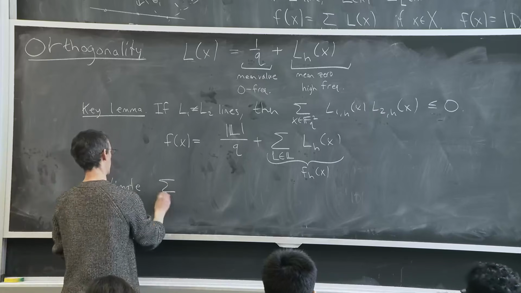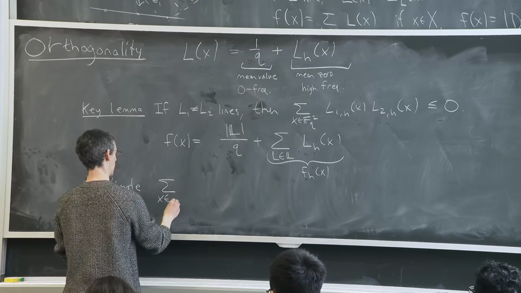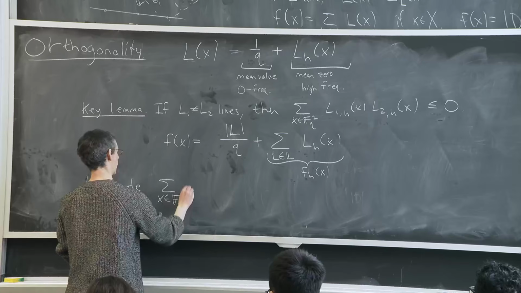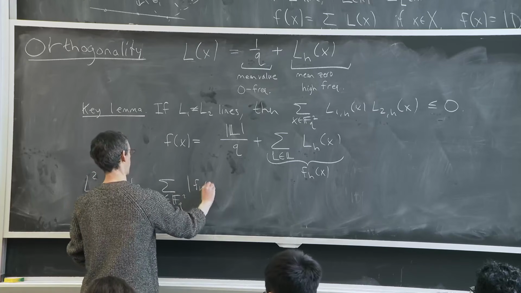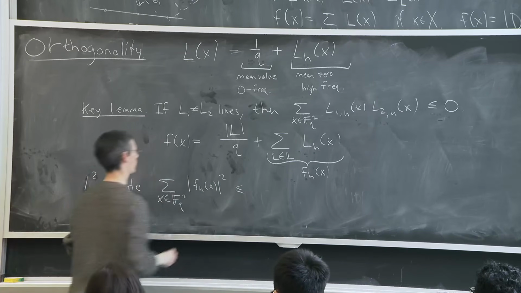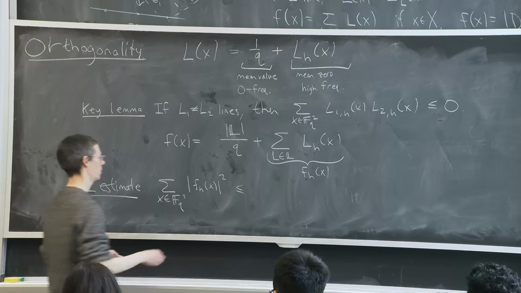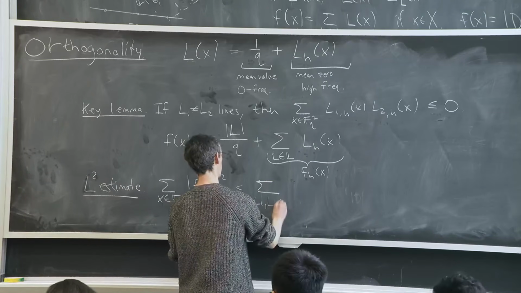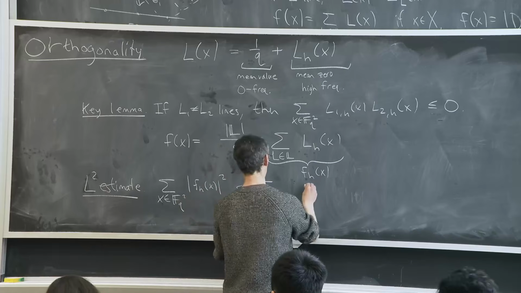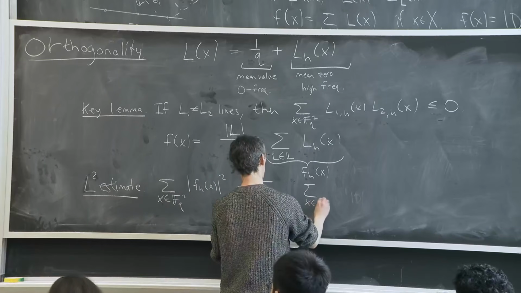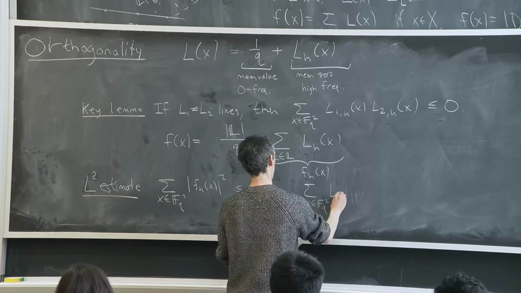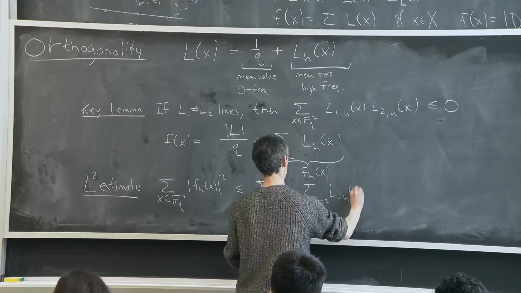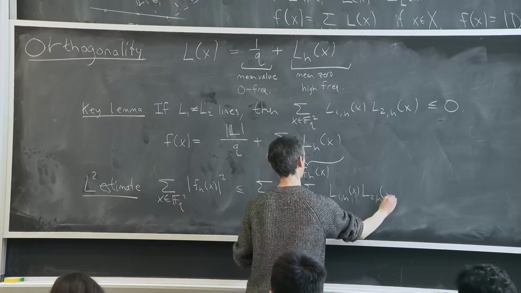It says the sum over x in F_q squared of f h of x squared, well, that's the sum over L1, L2 in our set of lines of the sum over x in F_q squared of L1h of x, L2h of x.